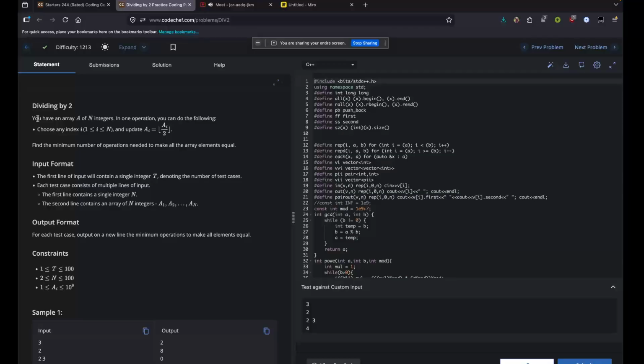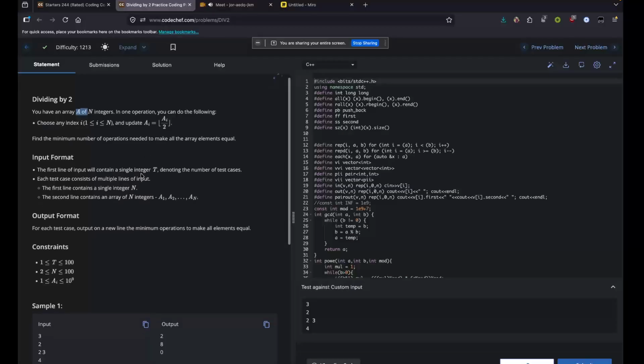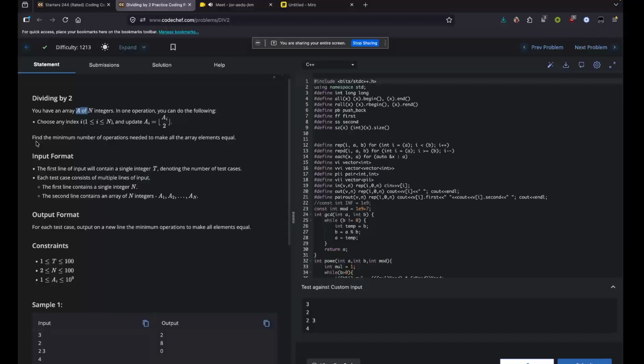You have an array A of n integers. In one operation, you can choose any index i and update A[i] with the floor of A[i] divided by 2. Find the minimum number of operations needed to make all the elements equal.